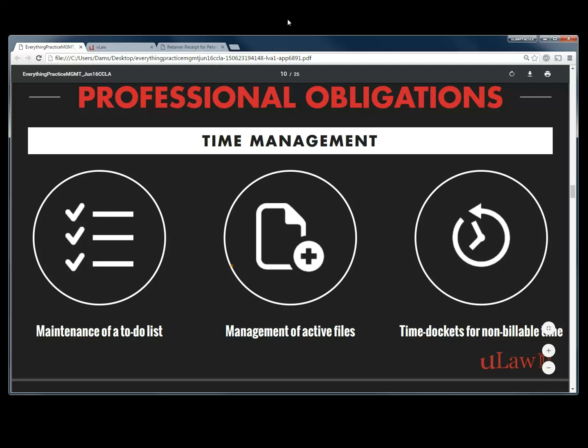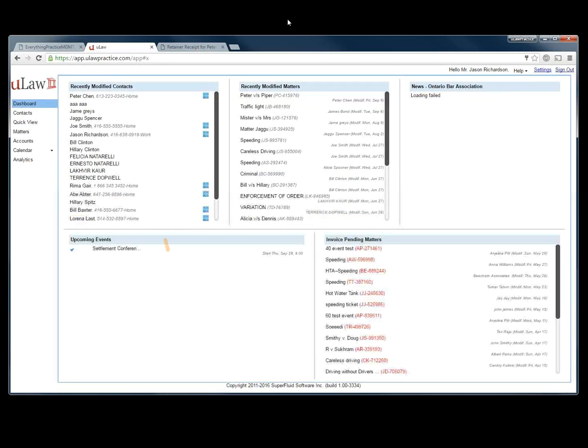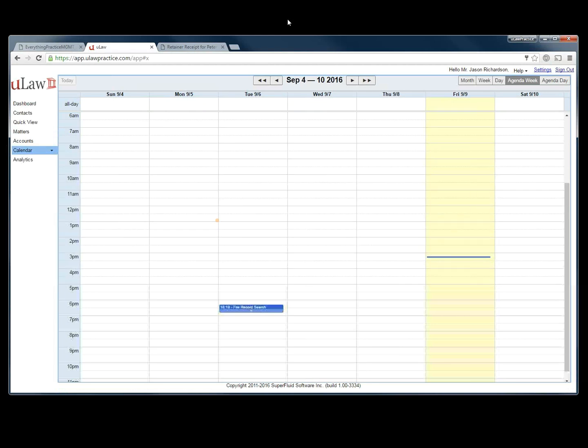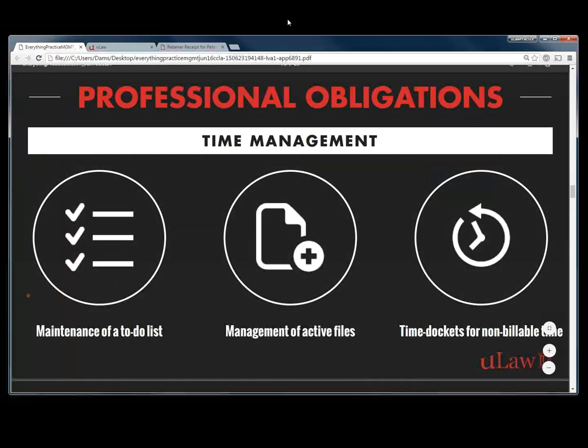Right in your dashboard, you want to know what all your upcoming events are. There's a settlement conference coming up on September the 29th at 9 a.m. You want to know that right here in your calendar. You look at your calendar, this is where I am. My monthly view looks like that. This conference is coming up, and it's an all-day event. So making sure that your to-do list is there is very important.